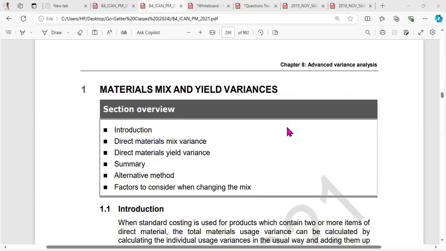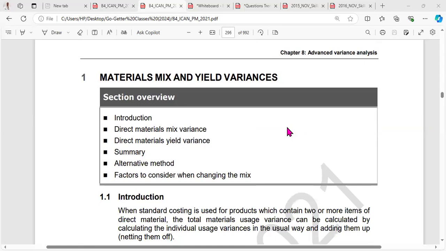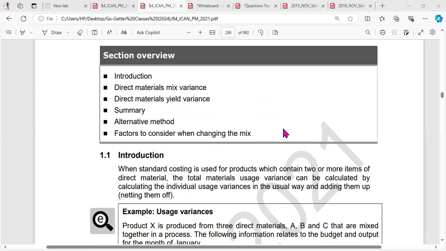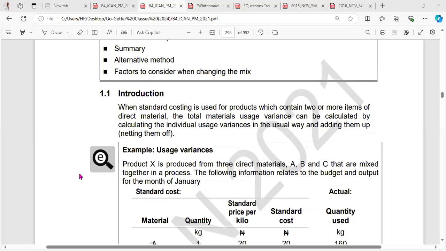Now, let's look at materials mix and yield variances. When standard costing is used for products which contain more than one item of material, the total material usage variance can be calculated by calculating the individual usage variances in the usual way and adding them up.